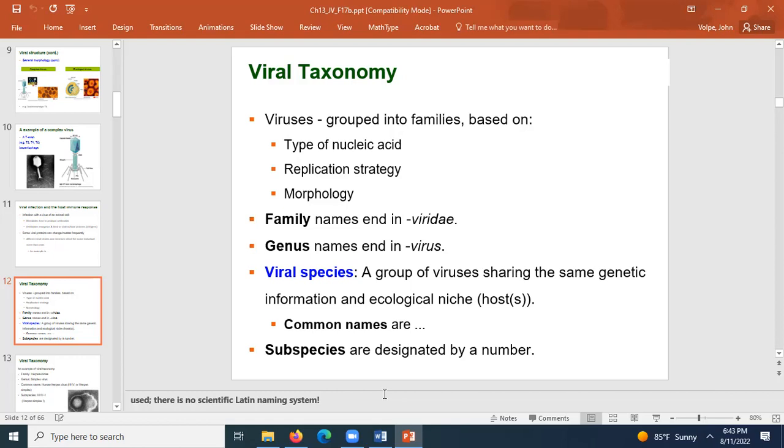And that is the Sabin vaccine. It's just a subspecies of the polio virus. Any question about that? That tells you how different the subspecies can be. One gives us the disease, the other one we use as a vaccine to prevent getting the disease.